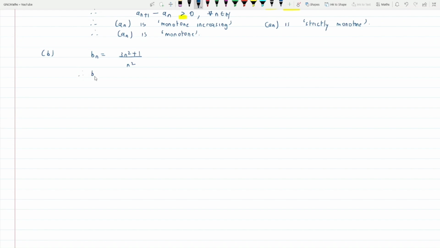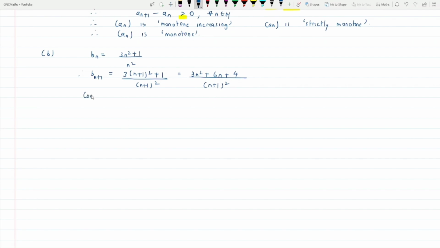Immediately we are going to find out the successive term of Bn, which is given by Bn plus 1, and that would be 3 times n plus 1 squared plus 1 divided by n plus 1 whole square. So this is going to give us 3n squared plus 6n plus 3 plus 1, which is going to be 4. And let us keep the denominator as it is, since it clearly gives us the sign of the denominator.